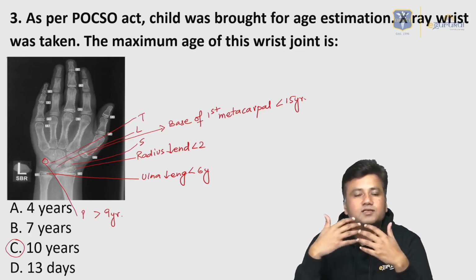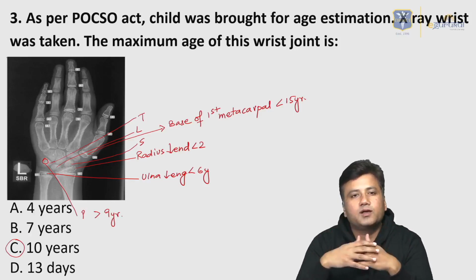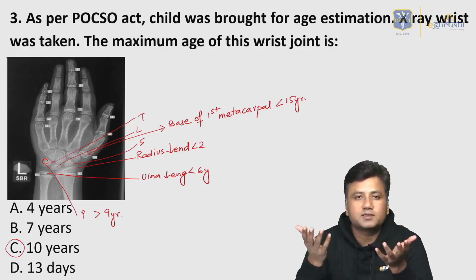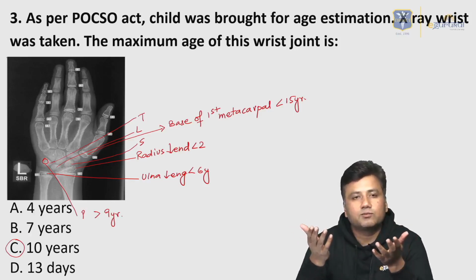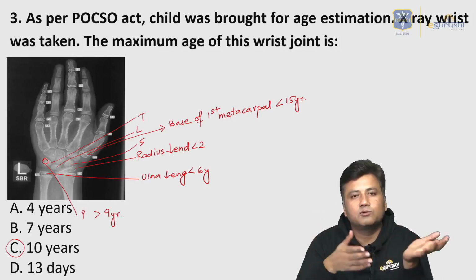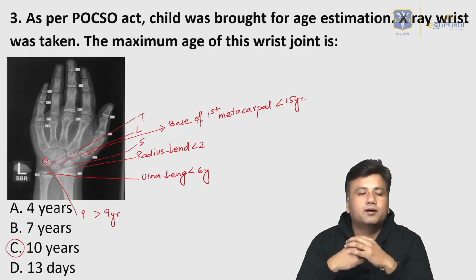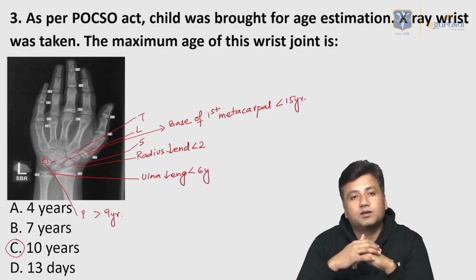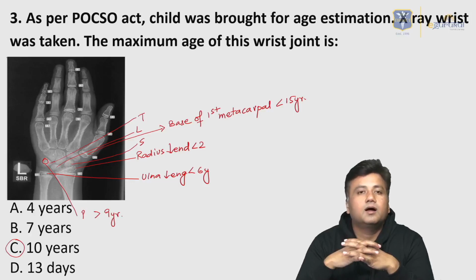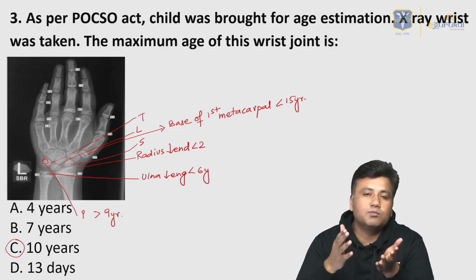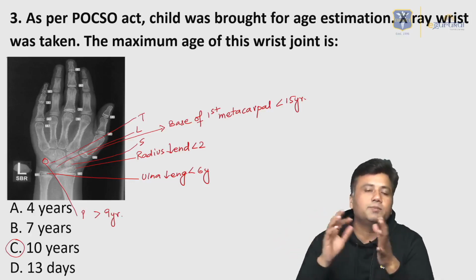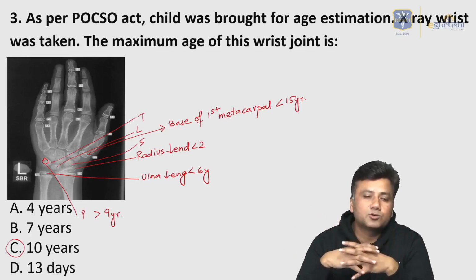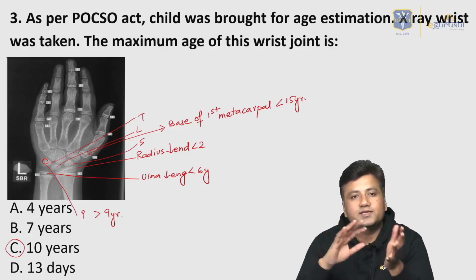If we change the X-ray where a pisiform may not be present, then the maximum age may decrease down to 7. And if we still change the X-ray where the shaft of the first metacarpal has been fused with the base, the age may be more than 15 also. So depending upon what has been shown in the given X-ray, the ages may vary.